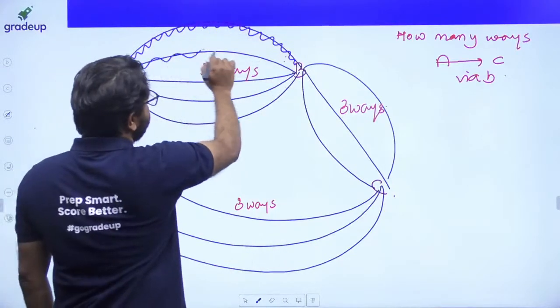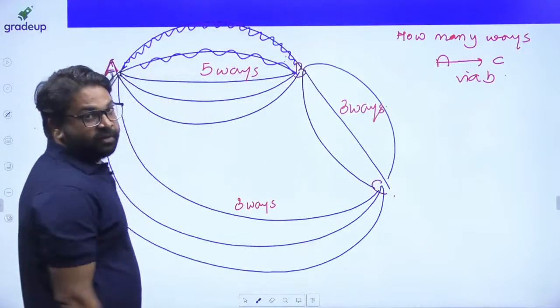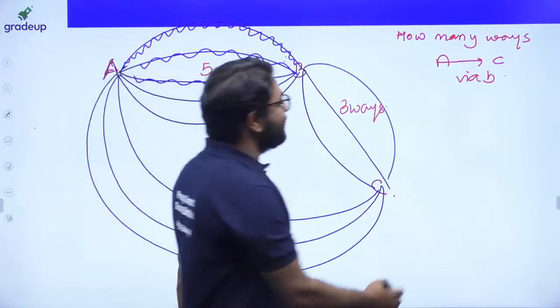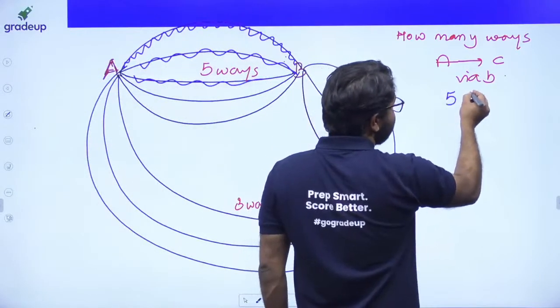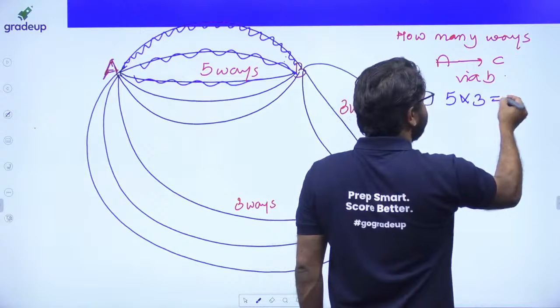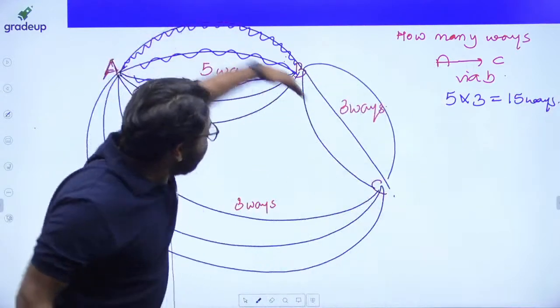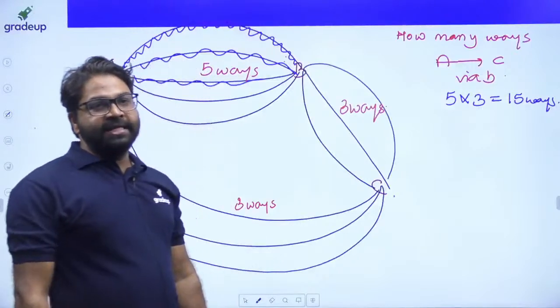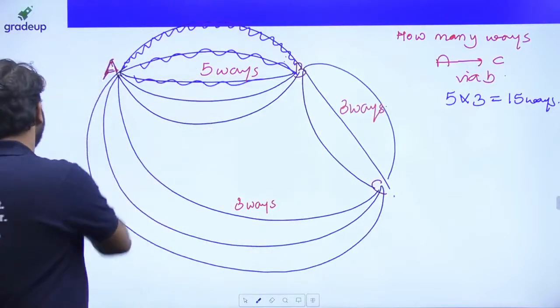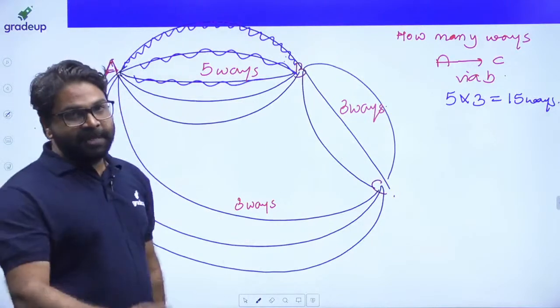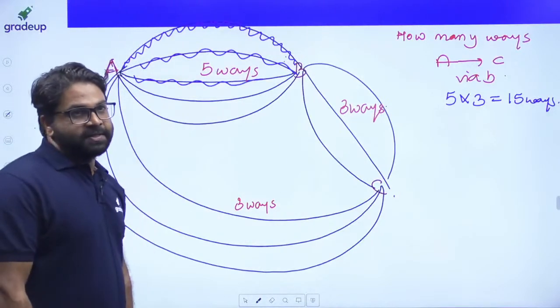For the second route, again 3 different routes. For the third route, again 3 different routes. So we can say that things are happening simultaneously, and then 5 into 3, 15 ways you can do it. Simultaneously means you went from here and reached there. Is it understood? Tell me if it's not understood. So from A to C there are 15 different ways we can go.